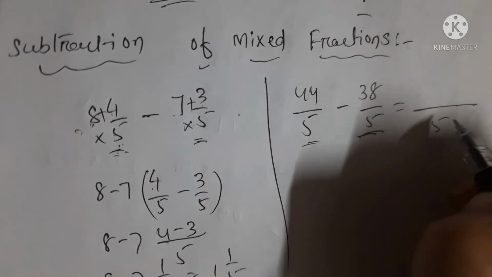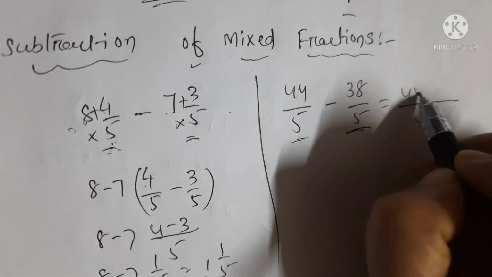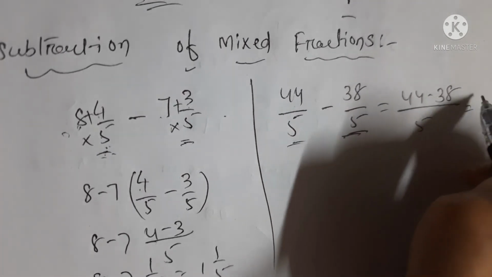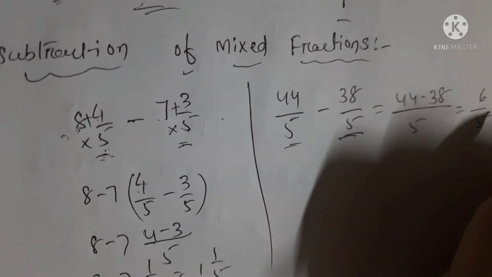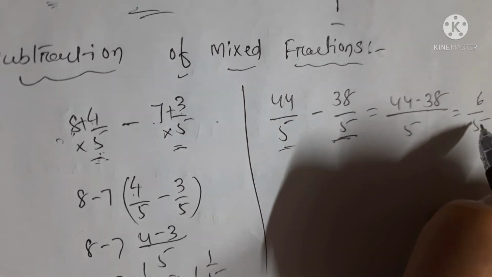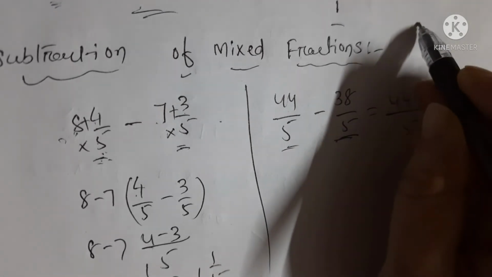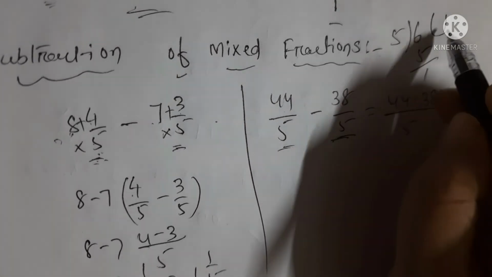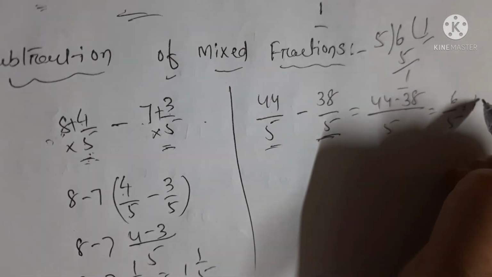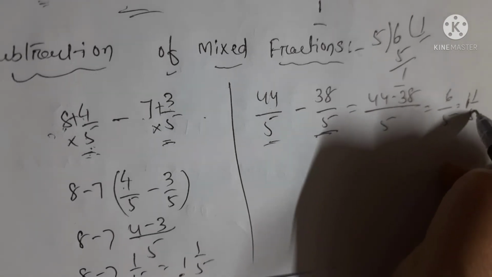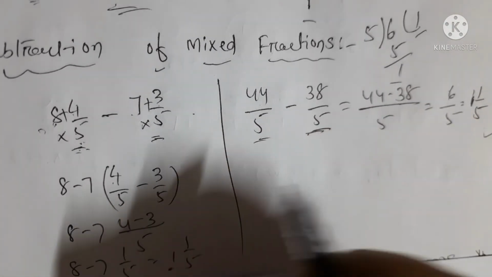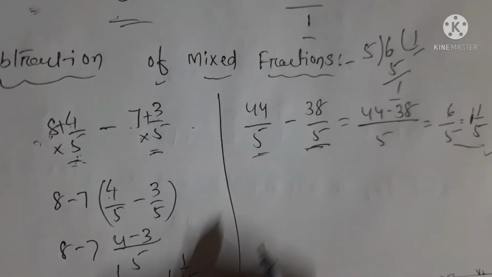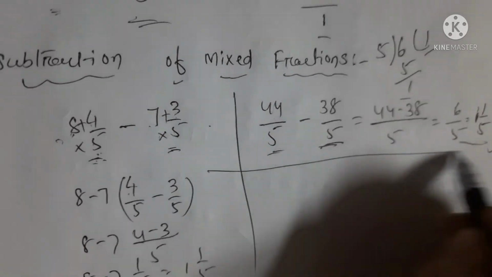So here we will write 5. Now 44 minus 38 is equal to how much? 6 by 5. If you solve this, then you will get 5 ones are 5, so 1 1 by 5 is the answer. Okay, like this also you can get the answer, in this process also you can get the answer.